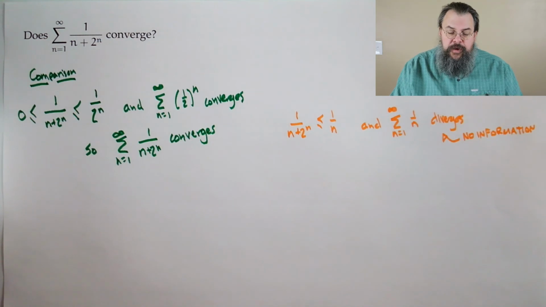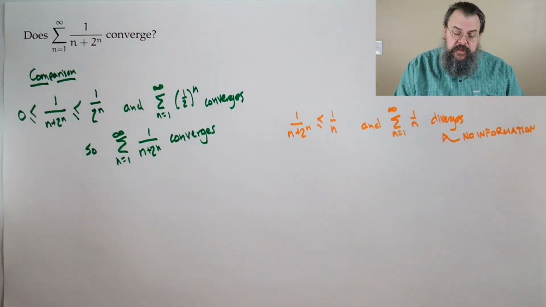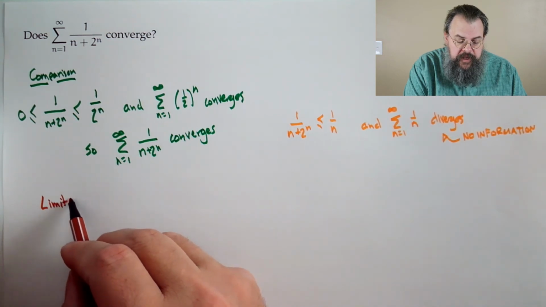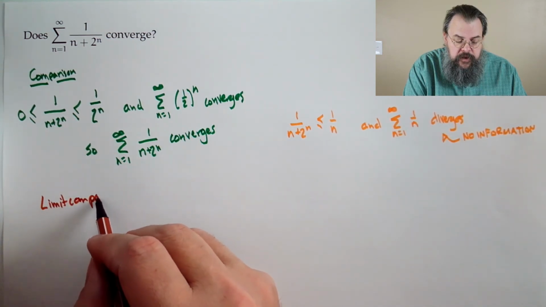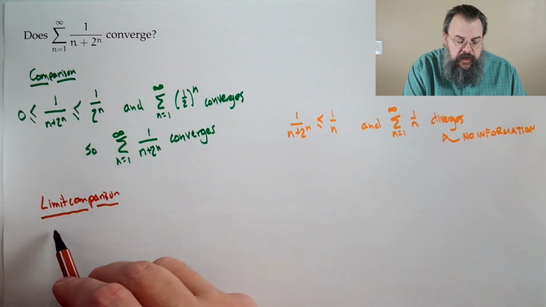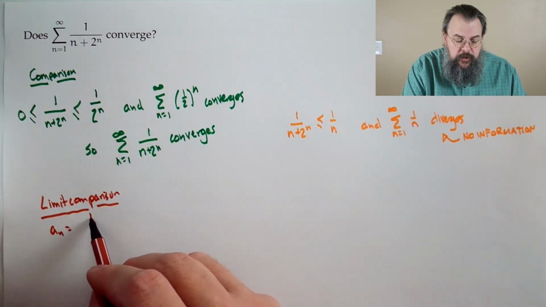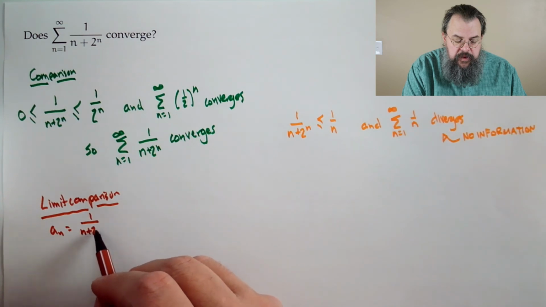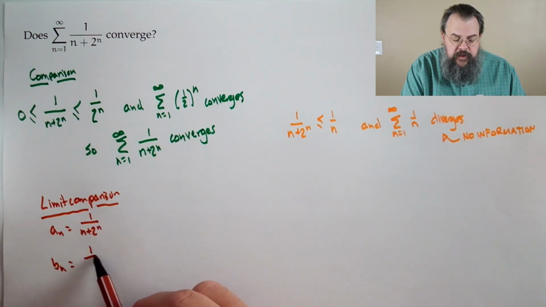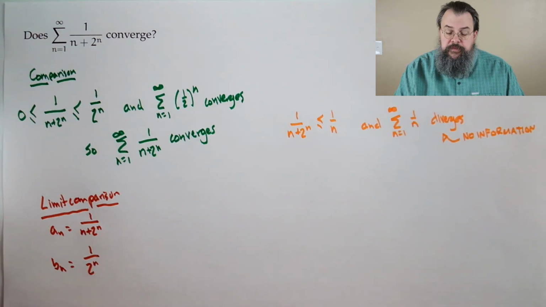Now, what if we did this by limit comparison? Well, what would happen then? We would let a sub n equal what we currently have, n plus 2 to the n, and we'll let b sub n, knocking out the lower order terms, be 1 over 2 to the n.